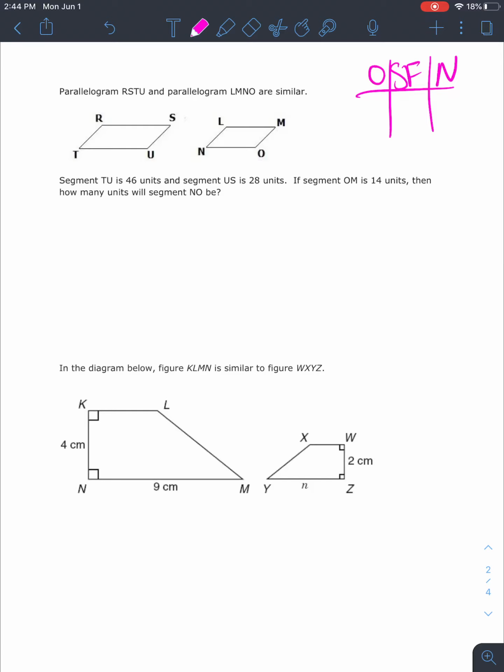Remember that you can color code or stack the names of your shapes to help you pair up which sides go with each other and which angles are corresponding. I'm just going to take these two names in the order that it says and stack them almost like a fraction. So RSTU goes with LMNO.